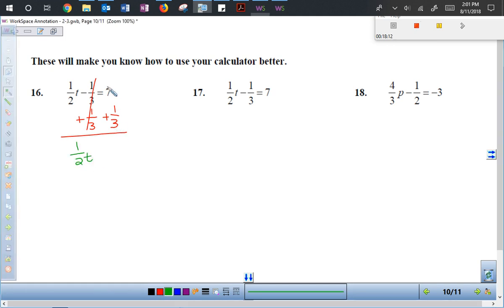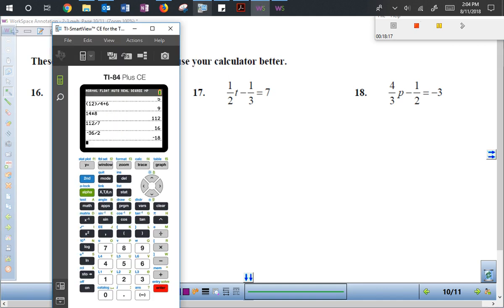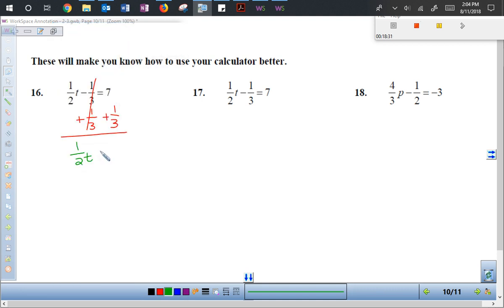On the right side, 7 plus 1/3, I want my answer as an improper fraction. So I'm going to put that in my calculator: 7 plus parentheses 1/3 equals, then math, enter for my calculator. Your calculator might be different to turn it into an improper fraction. And I get 22 over 3.